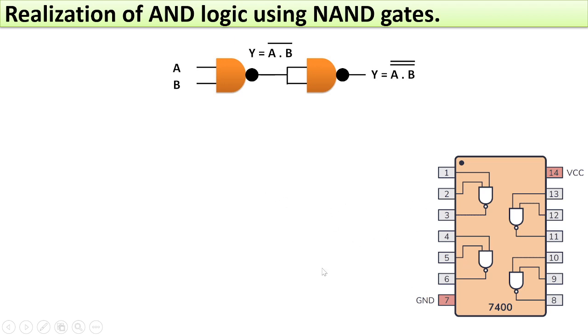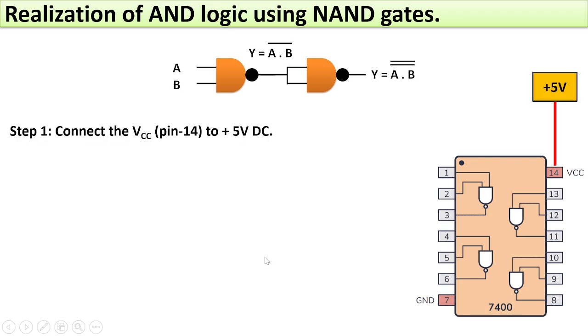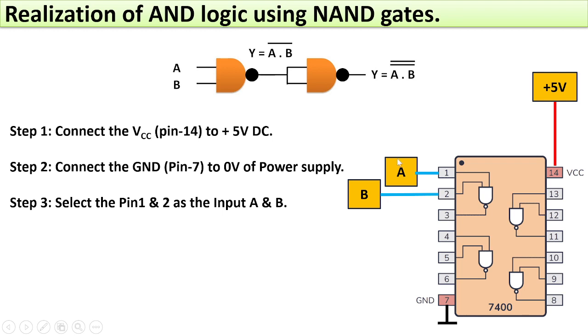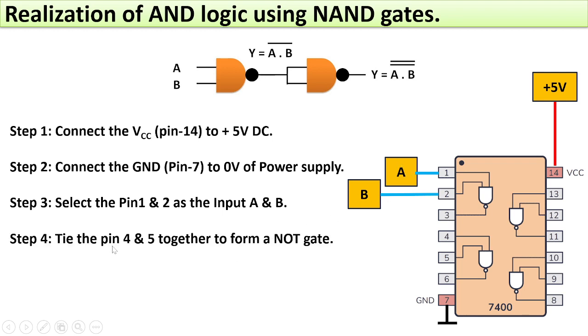Now let's see how we can realize this using an integrated circuit. We again use the same integrated circuit, that is 7400. We connect VCC to +5, connect the ground to 0, and select pin number 1 and pin number 2 as A and B. These are the 2 inputs. Then tie pin numbers 4 and 5 together.